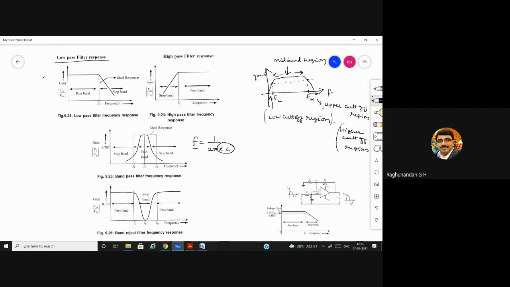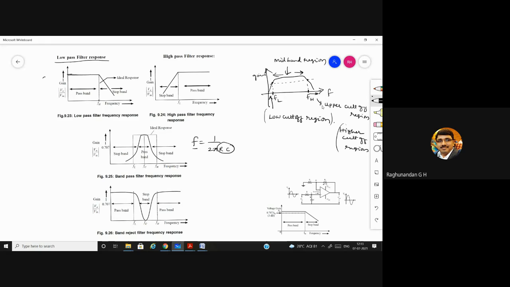Now, a few of you have confusion about how to remember low pass filter and high pass filter. See, if it is a low pass filter, initially the gain will be high.